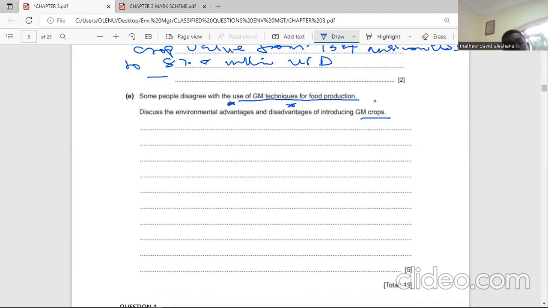In order for you not to be confused, you can put your answers in paragraphs. In the first paragraph you talk about the advantages, then in the second paragraph the disadvantages. Or you can just create a subheading for each, for example, advantages. Advantages of using GM crops is that they have a shorter growing period.